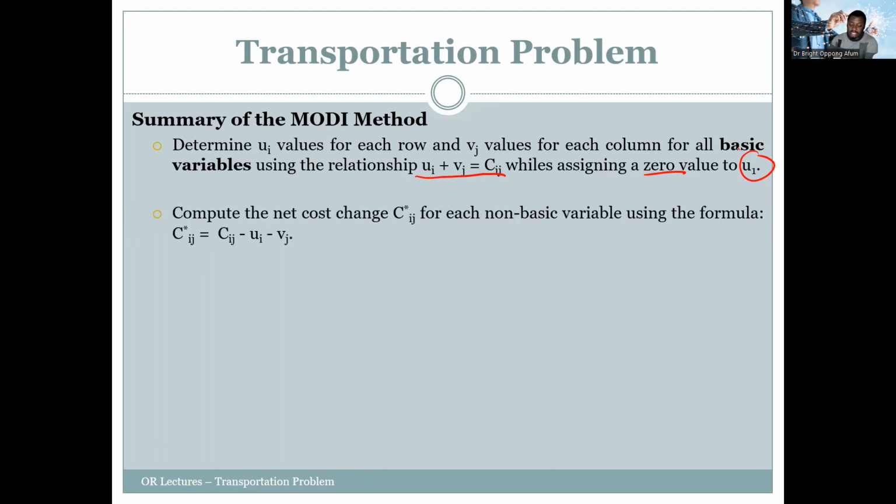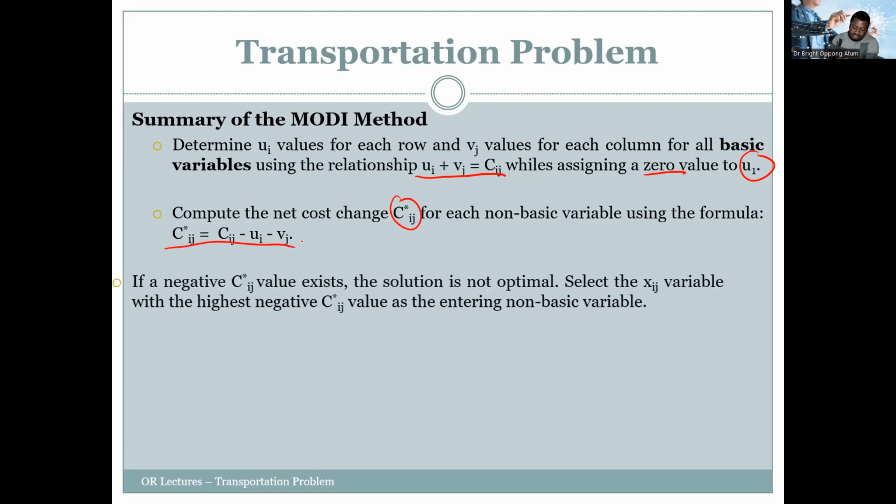Then we compute the net cost change. The net cost change is computed for each non-basic variable using this expression: the existing unit cost Cij minus Ui minus Vj.